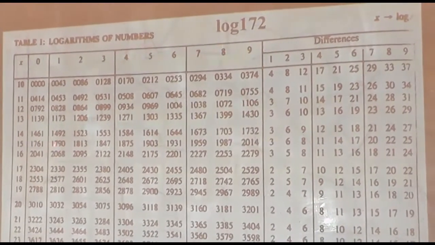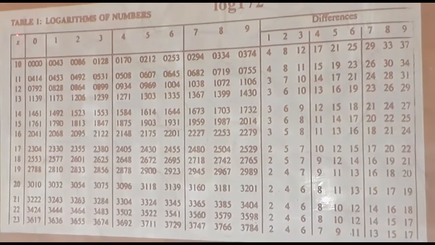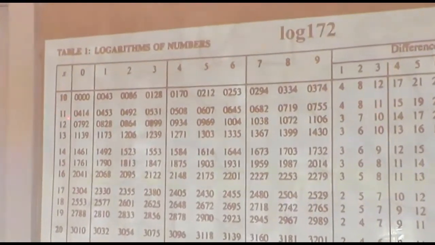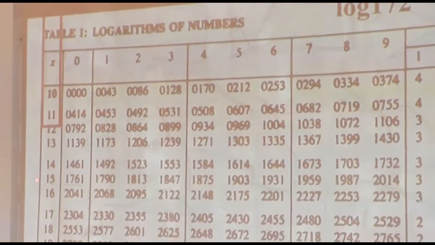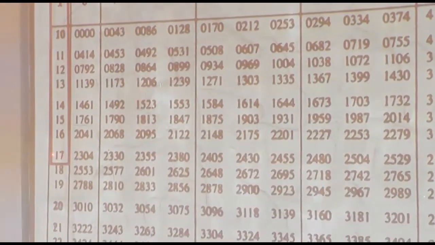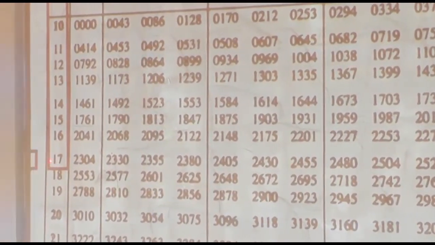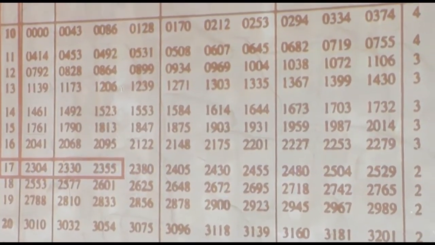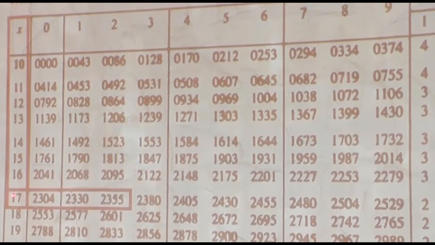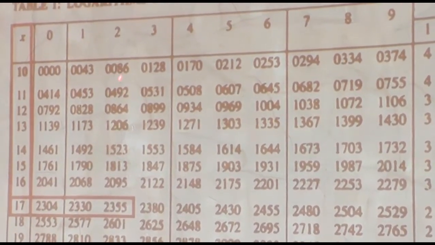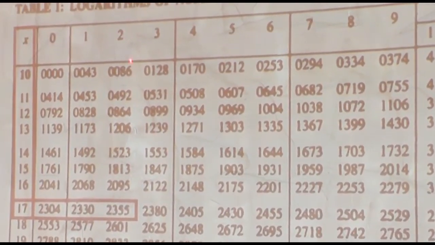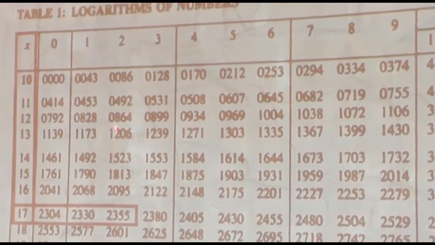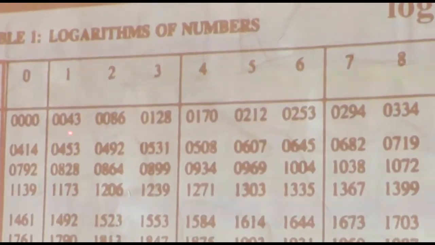So we go to the column X, I find 17, then from 17 I will move through this row, that is still the row 17, to the column headed 2, because the next digit I had, remember we had to look for log 172 earlier.